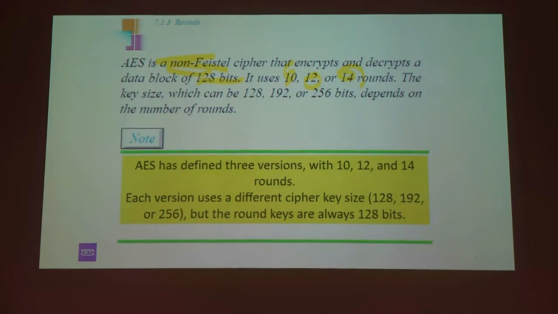The key size depends on the number of rounds. For 10 rounds, the key is 128 bits. For 12 rounds it's 192, and for 14 rounds it's 256. So the key could be 128, 192, or 256. Which one is more secure? 256. The longer the key, the more secure.